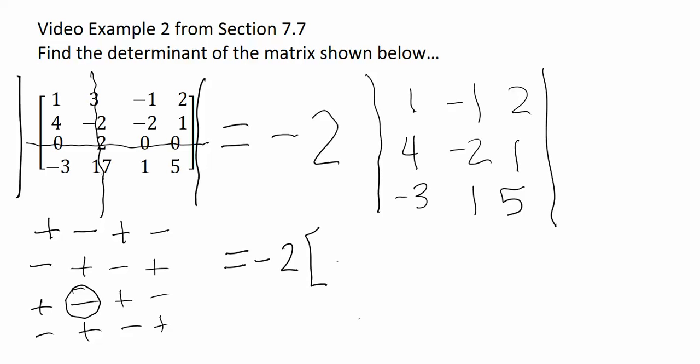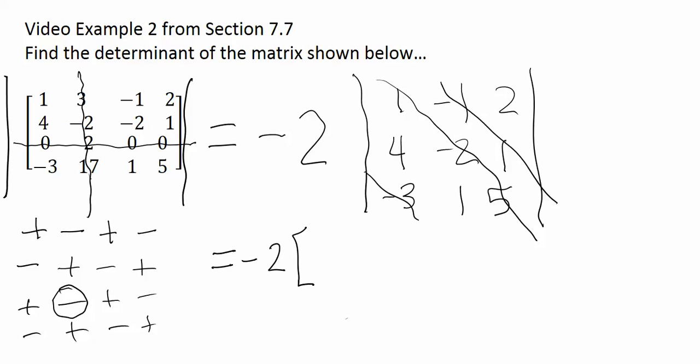So we're going to have 3 terms that get a positive sign that are associated with those diagonals. The first diagonal gives us 1 times minus 2 times 5. That's minus 10. Minus 10 is the first term.